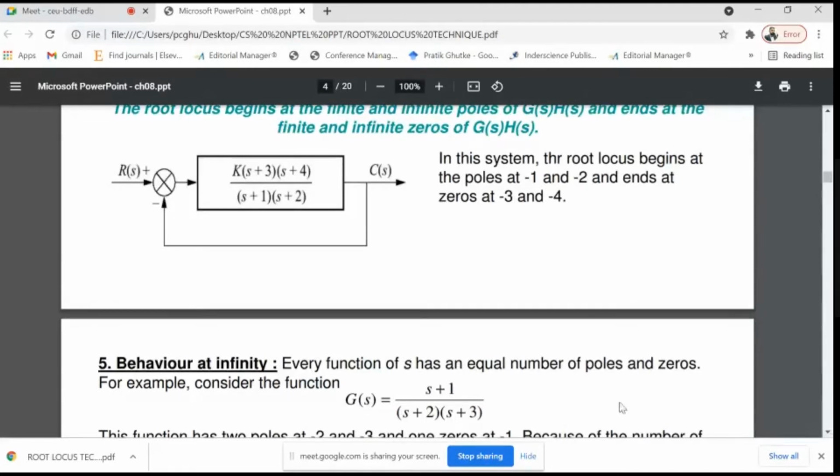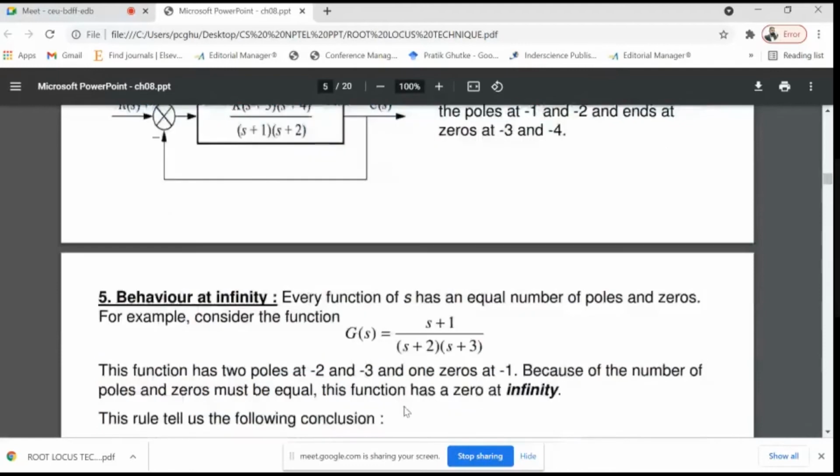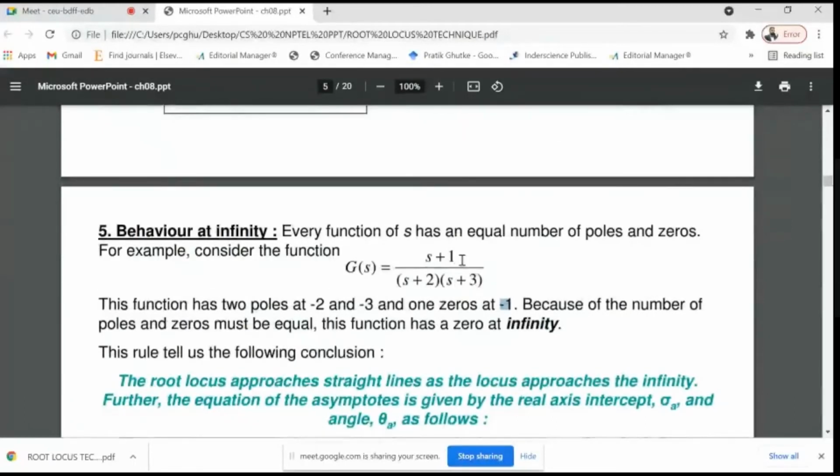The function has two poles at minus 2 and minus 3 and one zero at minus 1. Because the number of poles and zeros must be equal, the function has a zero at infinity. If there are two poles and two zeros, then the function has no zero at infinity.